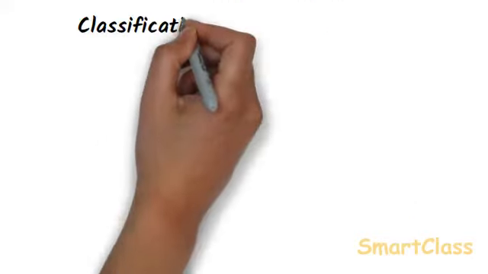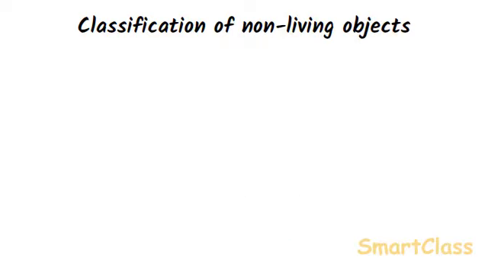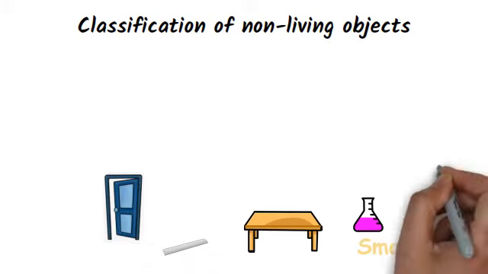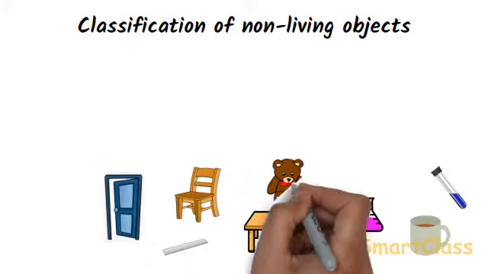Classification of non-living objects. The non-living objects can be classified on the basis of the material, their use, color, shape, size, appearance, etc. For example, let us classify the objects on the basis of the nature of their material. We have table, ruler, beaker, door, mug, test tube, chair, toy and mirror.